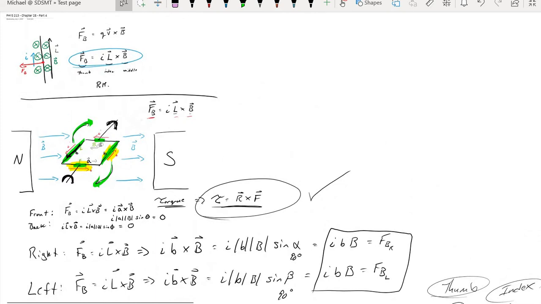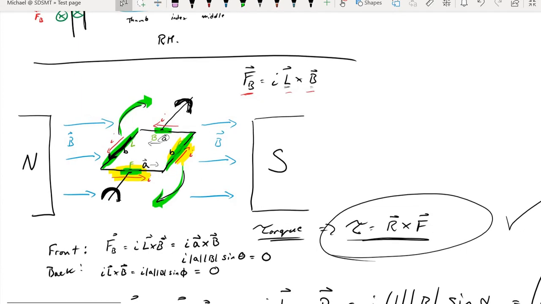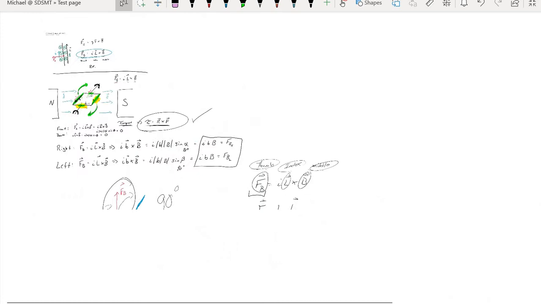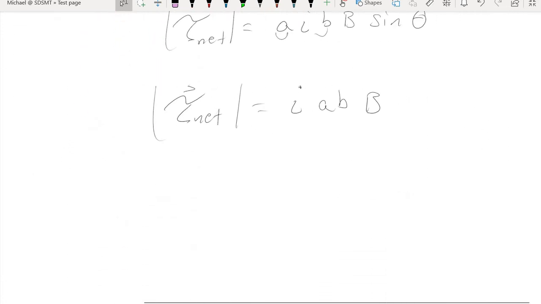We had defined our coil as having side lengths of A and B. And that means that we have the cross-sectional area of the coil. A times B is the cross-sectional area of the coil. And I am going to write it as such. Big A is going to be the cross-sectional area of the coil.